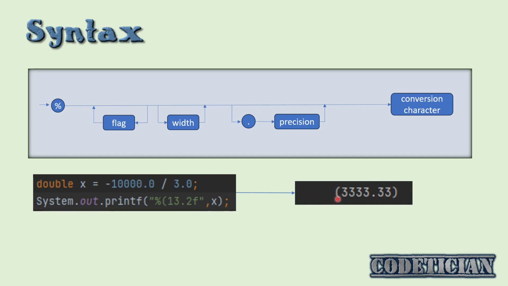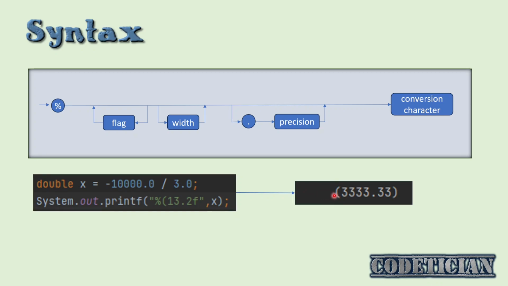Also remember that these two parentheses and this dot will also be counted in the width of the result. Now, when I'm specifying 13, it will be 1, 2, 3, 4, and then 4 threes, which is 8, and this parenthesis makes 9. So it got pre-filled with 4 spaces.